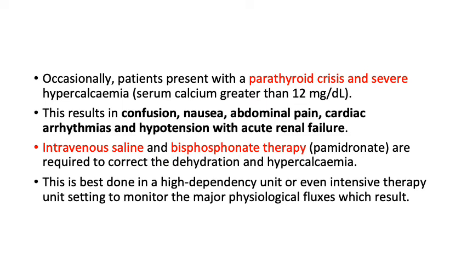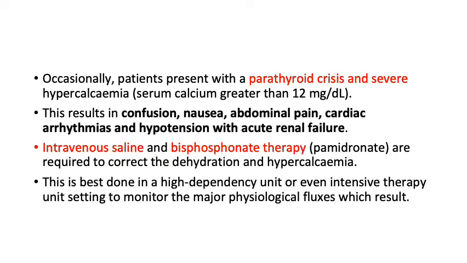Occasionally, patients may present with a parathyroid crisis and severe hypercalcemia, and the serum calcium level will be greater than 12 milligram per deciliter. This will result in confusion, nausea, abdominal pain, cardiac arrhythmia, and hypotension with acute renal failure.